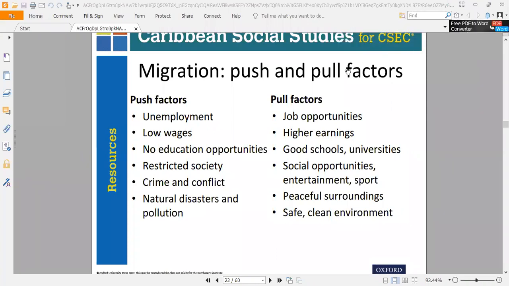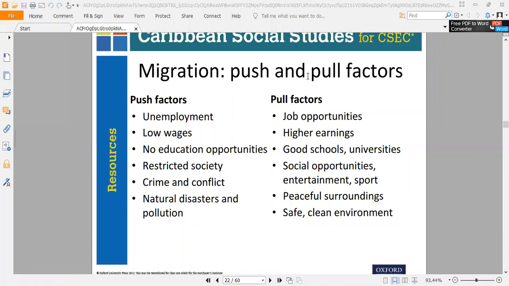All right, so the push factors are those things which cause you to leave, right? So those must be something that is negative. And the pull factors are the things that draw you in, that want you to come over. So those would be positive, right? So our negatives, which are our push factors, those things that force us to leave, would be unemployment, low wages, no educational opportunities, restricted society, crime and conflict, natural disasters, pollution.